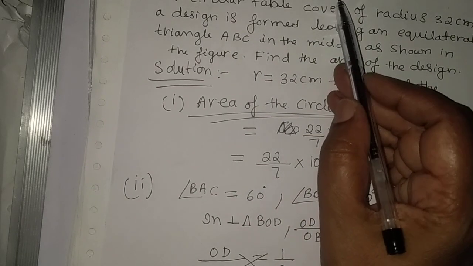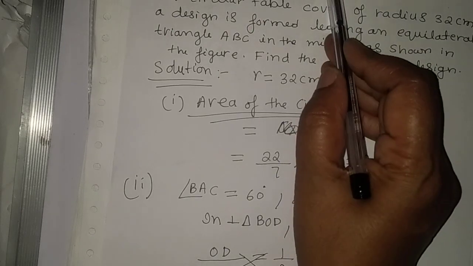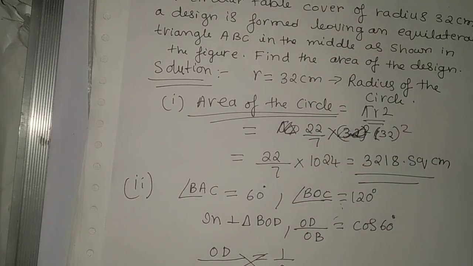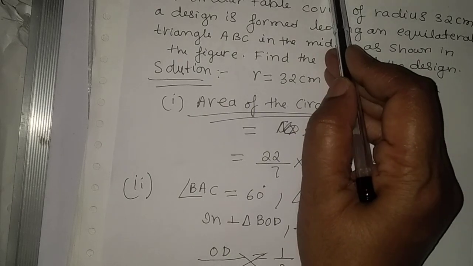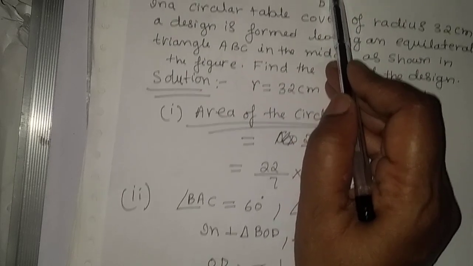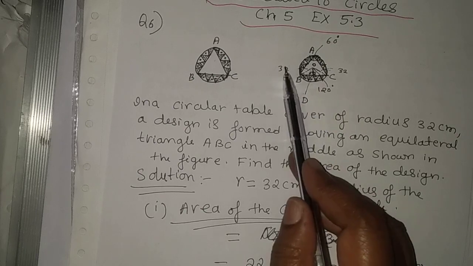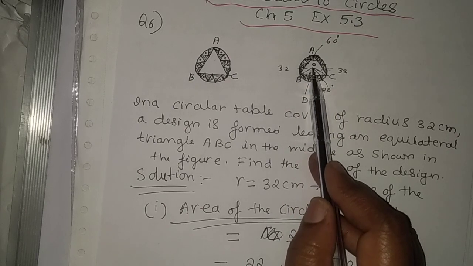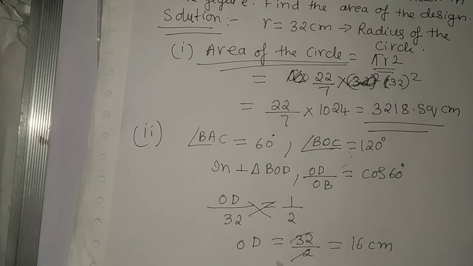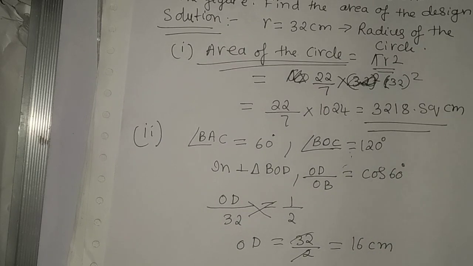Here OB is 32 and OC is 32. This is OD. So we found out OD, which we got here, 16 centimeters. The next part: angle BOD is equal to how much? 60 degrees.